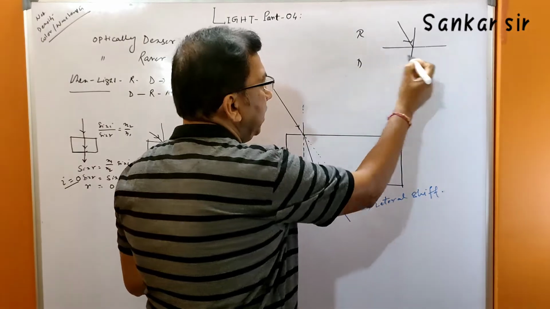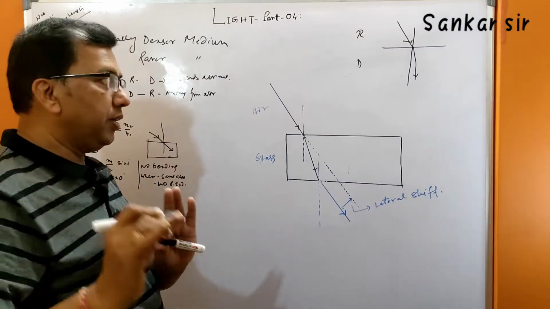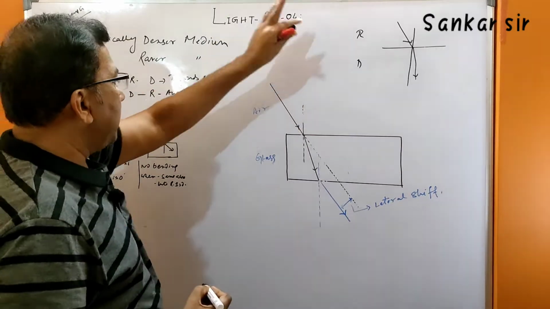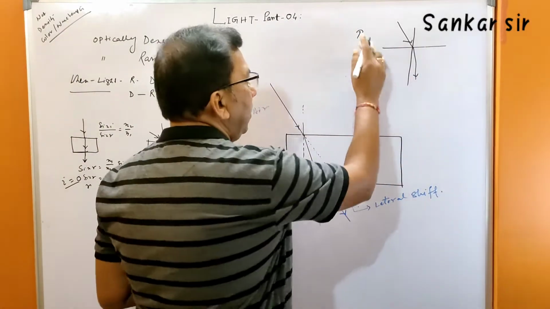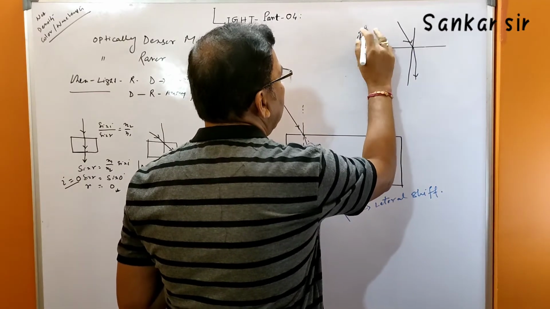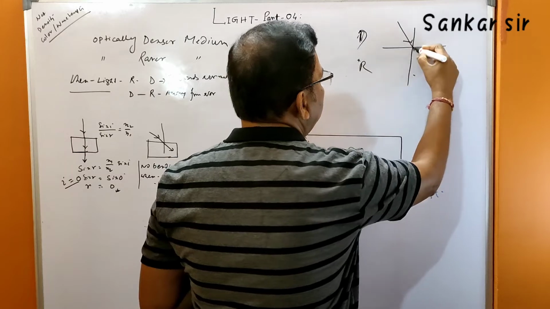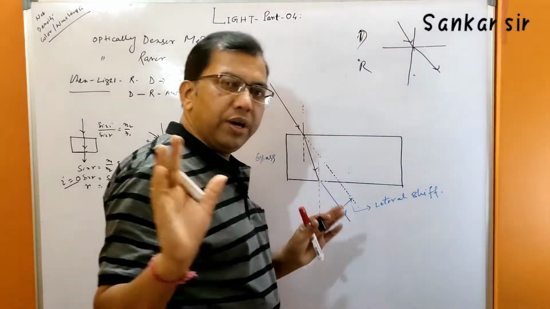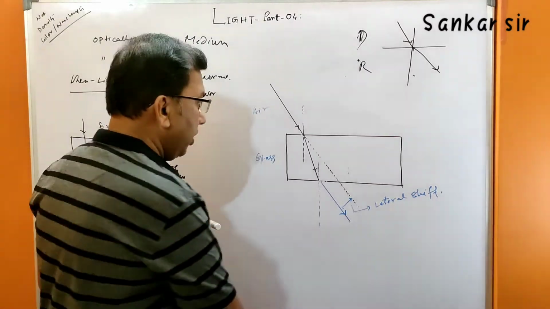Rarer to denser, towards the normal. We have learned that in the reverse case, when going denser to rarer, the light bends away from the normal. You have learned it. And this phenomenon is very important and helpful to draw something.